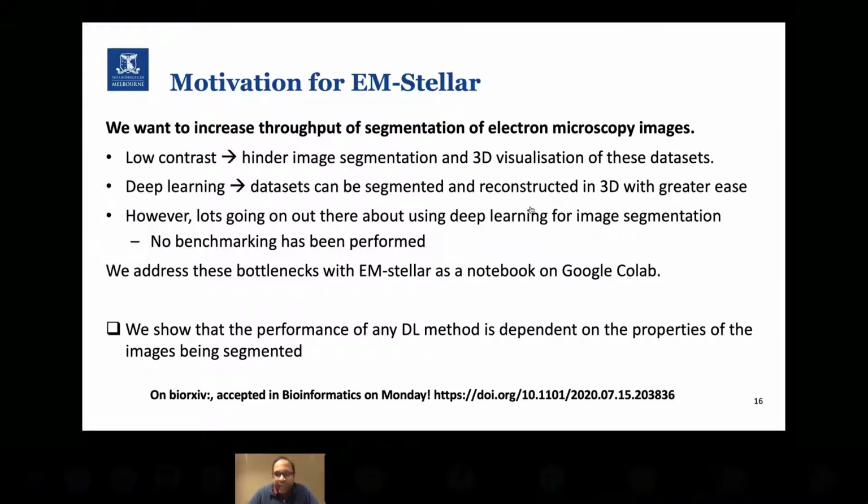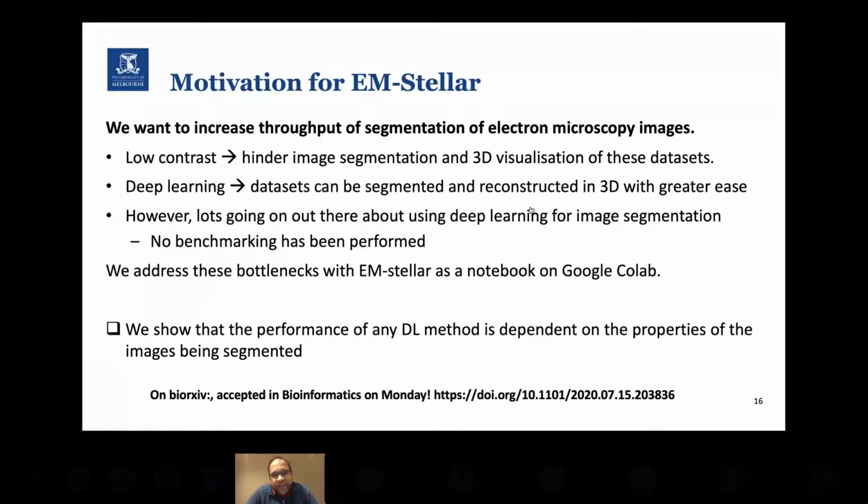Until Afshin came on board, a lot of the work we did was basically using Fiji or ImageJ and IMOD and manual segmentation, to extract the images and generate meshes for our models. But since Afshin came on board, we've been investigating all these different deep learning algorithms that are out there.